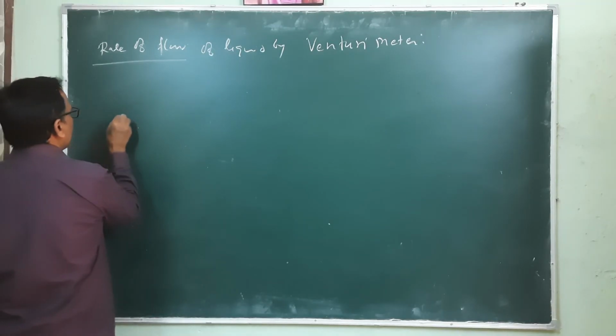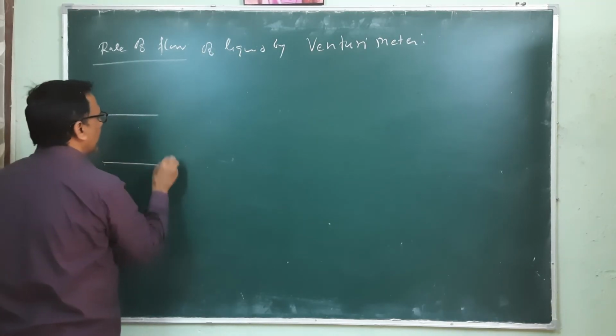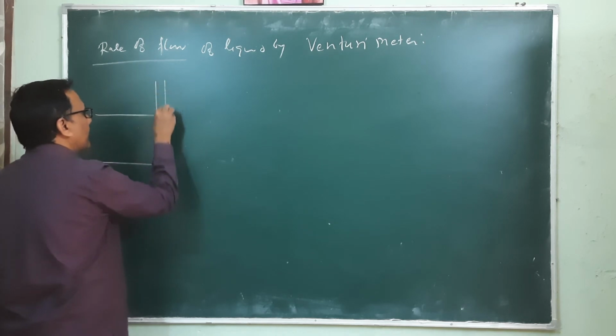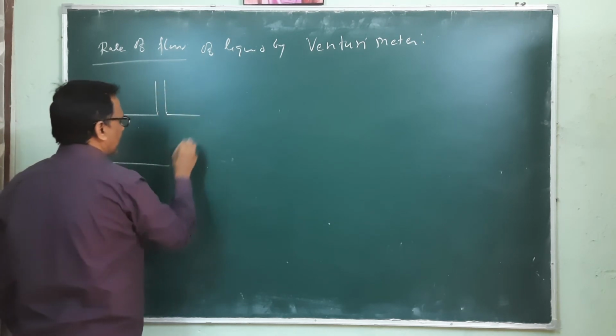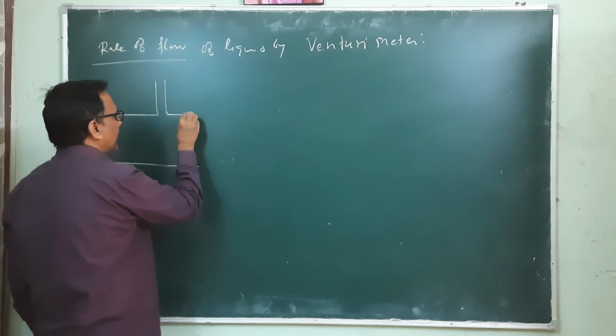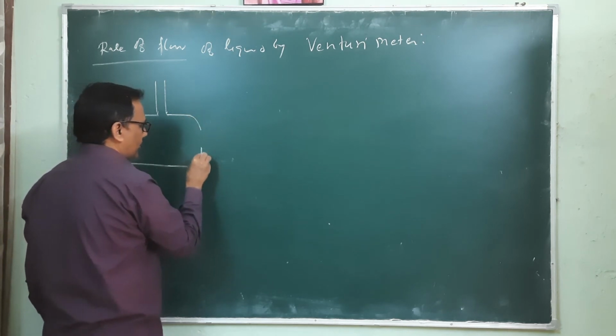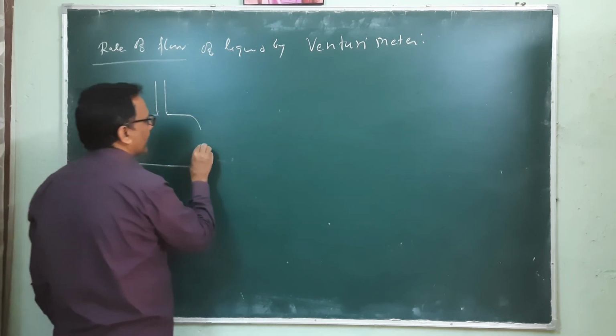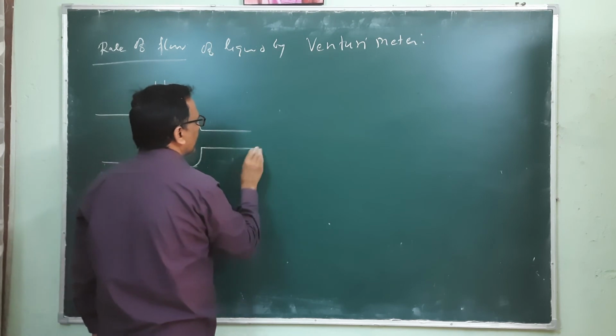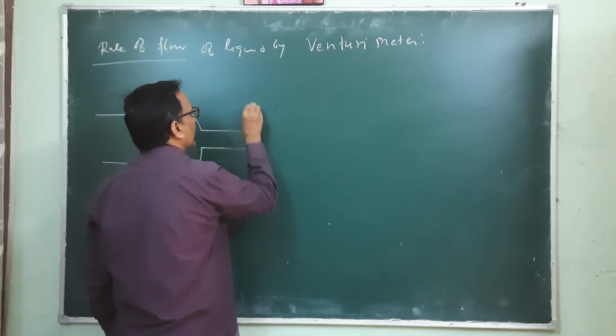So the structure is like this. It begins with a pipe here, and then the tube is narrow like this, and the pipe continues here.